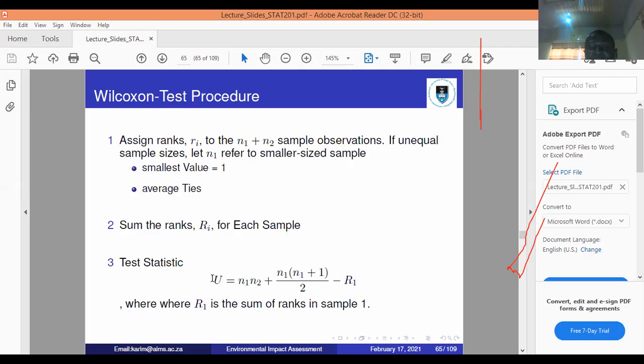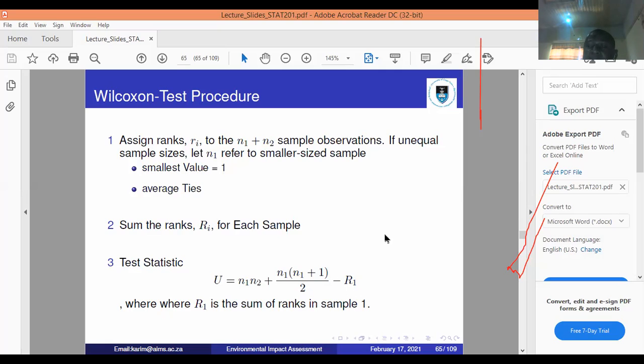Then the test statistic, the U statistic, is equal to the number of observations in the first sample multiplied by the number of observations in the second sample, plus N1 multiplied by N1 plus 1, that is the number of observations in the first sample plus 1, all divided by 2, minus R1. R1 is the sum of the ranks with the smallest rank.